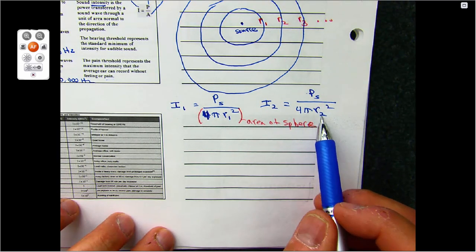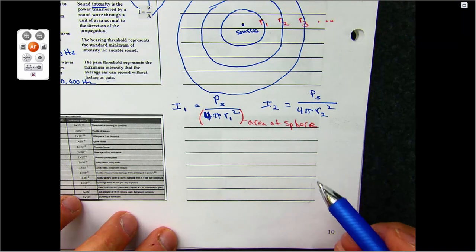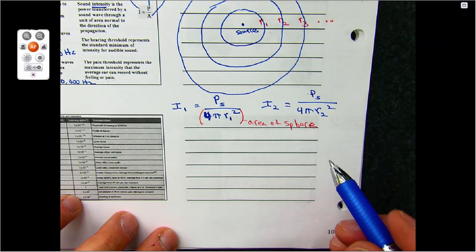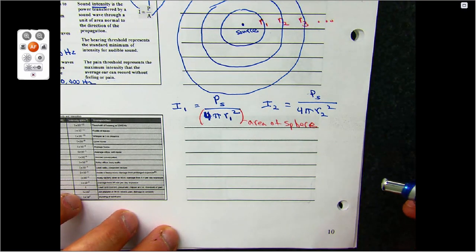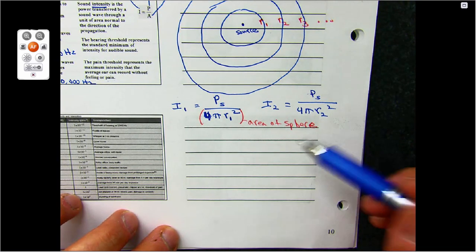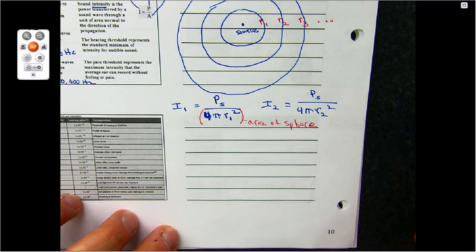That is just for the R. Hopefully that's the surface area of that sphere. Area of a sphere. Now, here's the key to this.